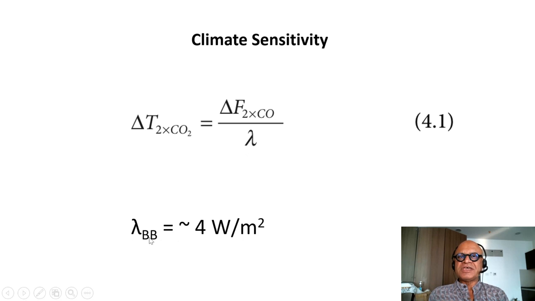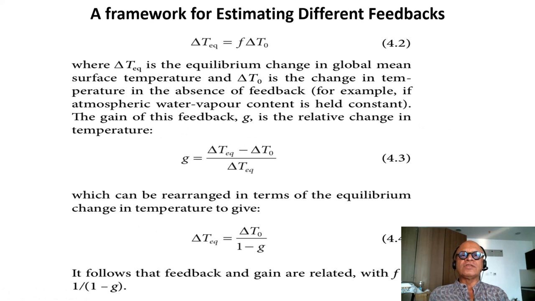The black body radiation, in other words, if you just had temperature adjustments to the increased radiation and the temperature increase resulted in sigma T to the fourth term, then that would be around 4 watts per meter squared for doubling CO2. Obviously, we have to add all the feedbacks.